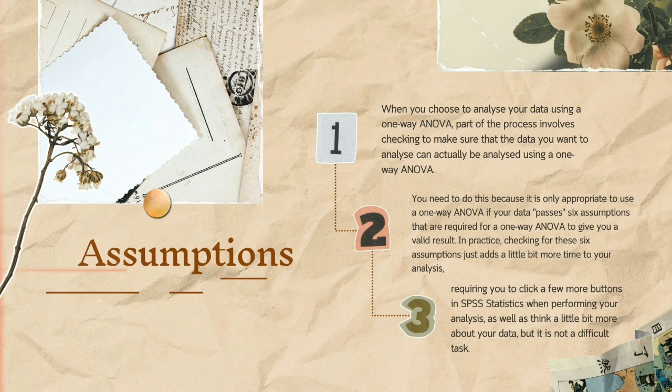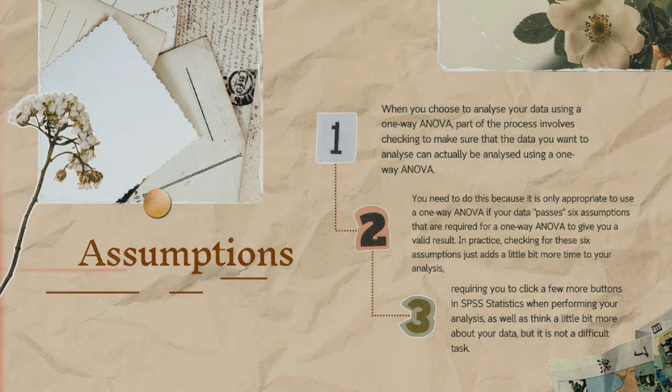In practice, checking for these 6 assumptions just adds a little bit more time to your analysis. And the third part, requiring you to click a few more buttons in SPSS Statistics when performing your analysis, as well as think a little bit more about your data, but it's not a difficult task.